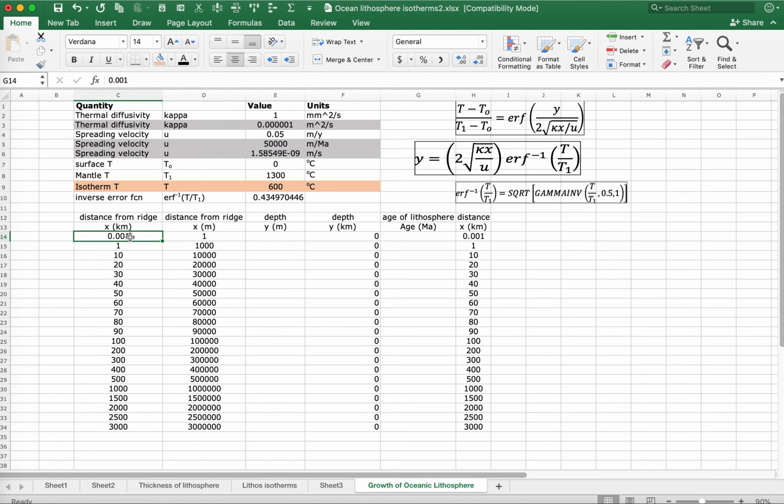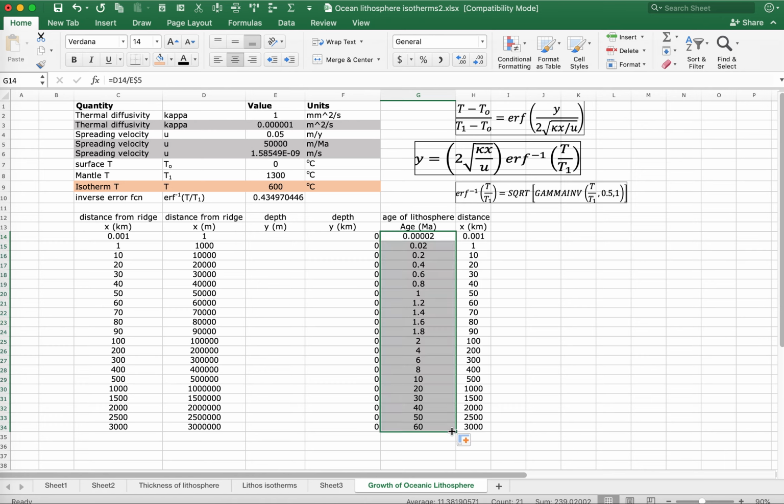We can go straight to the age of the lithosphere. So if we have lithosphere that is spreading at a rate of 5 centimeters per year, or 50,000 meters per million years, how old would it be? Well, we can get that by taking the distance in meters and dividing it by the rate in meters per million years. We want that cell E5 to remain constant, so I'll put a dollar sign there, fill down.